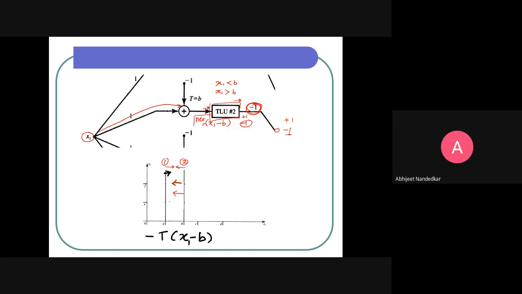So if your input is somewhere here, both neurons will fire. Understood? So what is implemented by the second neuron is the threshold unit x1 minus b multiplied by this minus. This is the implementation of the second neuron.